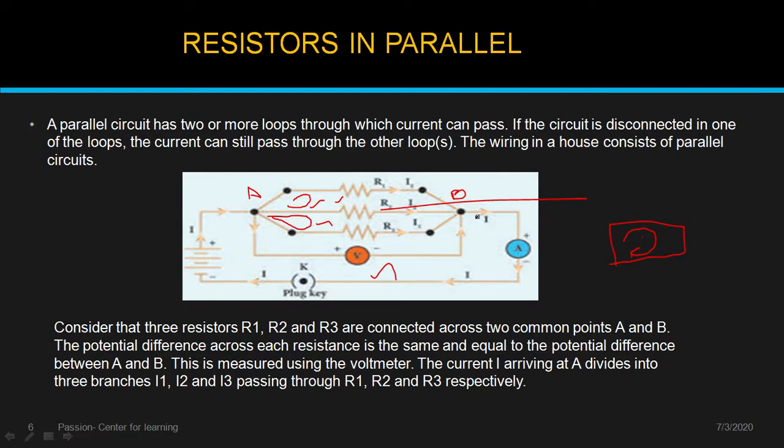Now the current arriving at A divides into three branches: I1, I2, I3, passing through the corresponding R1, R2 and R3 respectively.